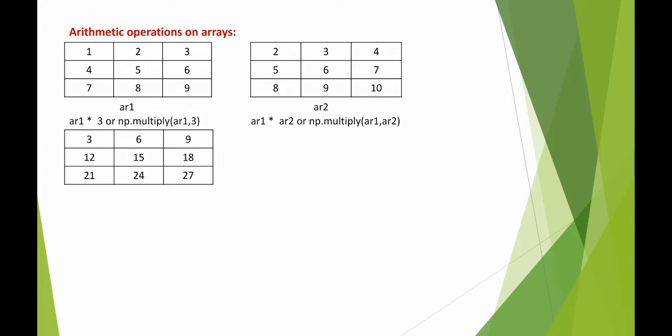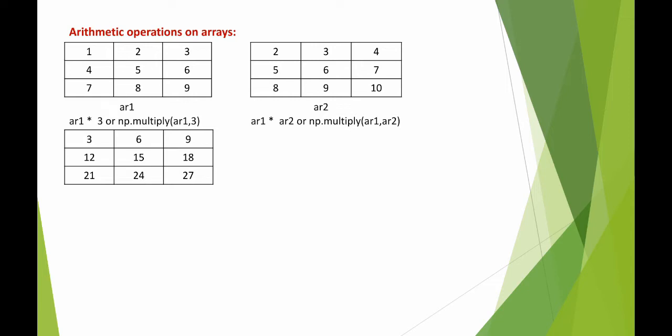Okay, now the second case here is the AR2. Now we have to multiply AR1 and AR2. So see, now the multiplication is to be done along respective row and column number. If we see AR1, the element 1 is on the index 0, 0, that is 0 row and 0 column.